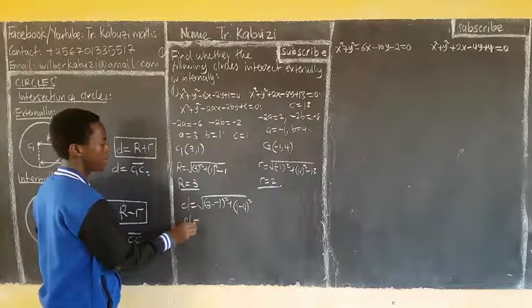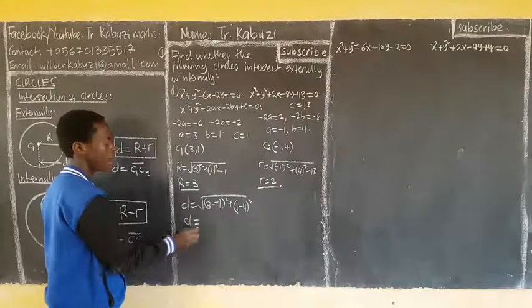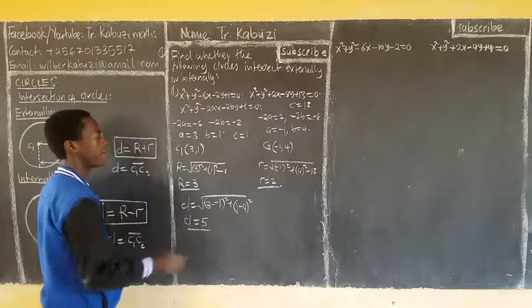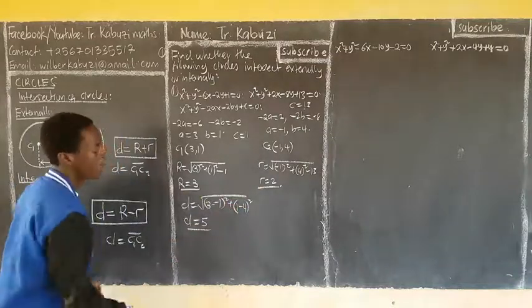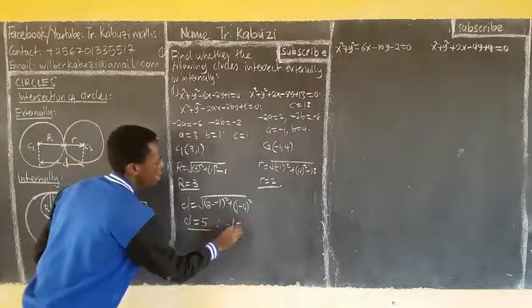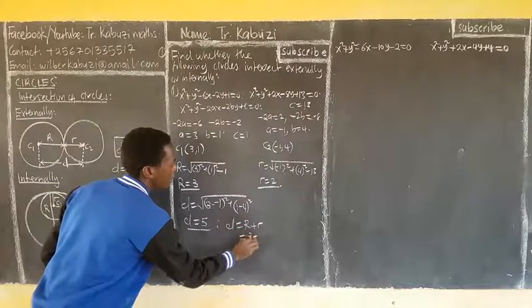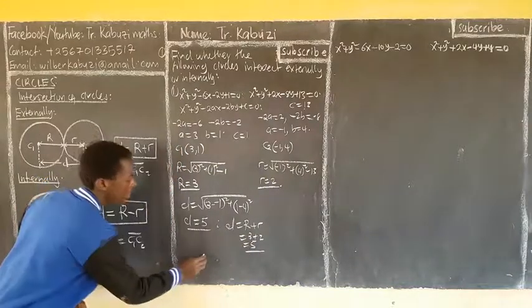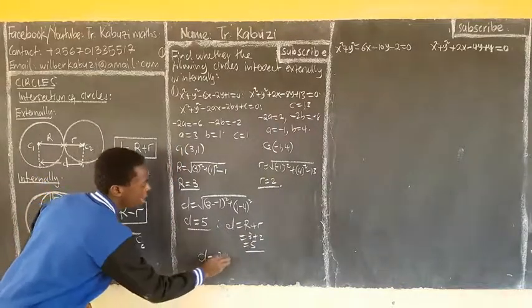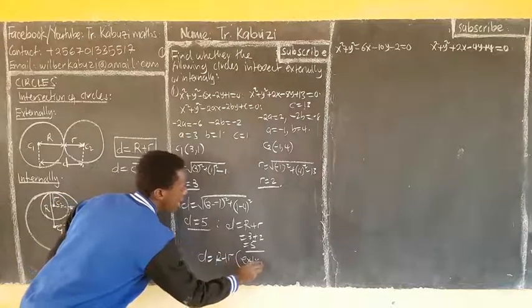So our distance would be 16 plus 9, this is 25, square root of 25 is 5. And you see that if you add these radii, you get this. So d is equal to capital R plus small r, which is 3 plus 2, which is 5.